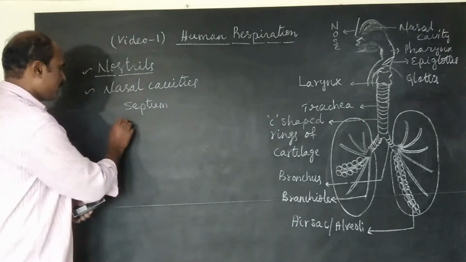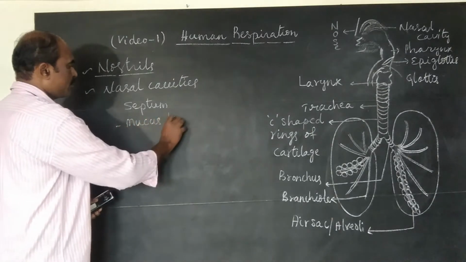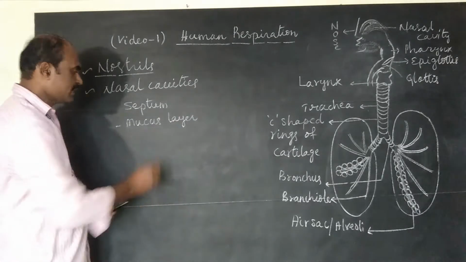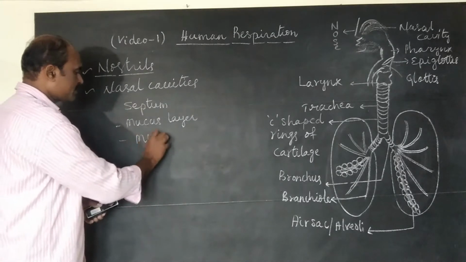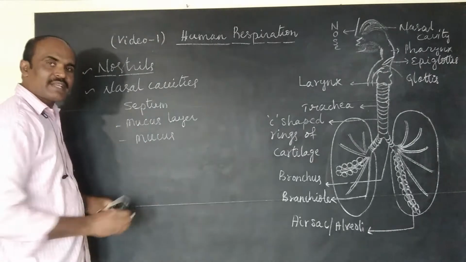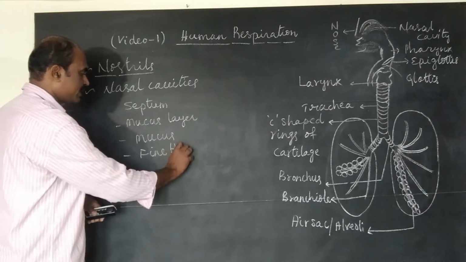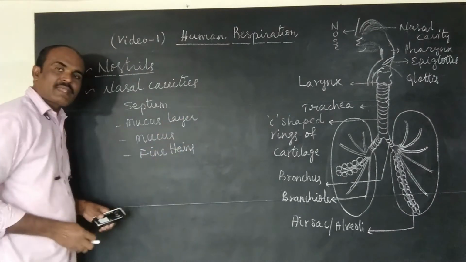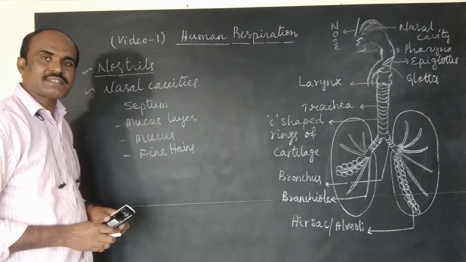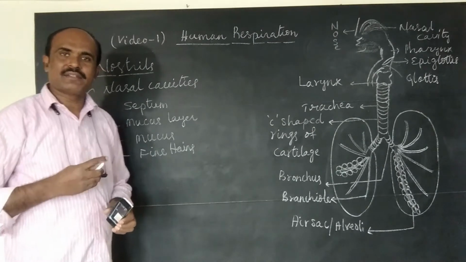Nasal cavities are lined by a mucus layer. This mucus layer secretes mucus, and in the nasal cavities there are fine hairs. This mucus layer along with fine hairs filters air when we inhale.